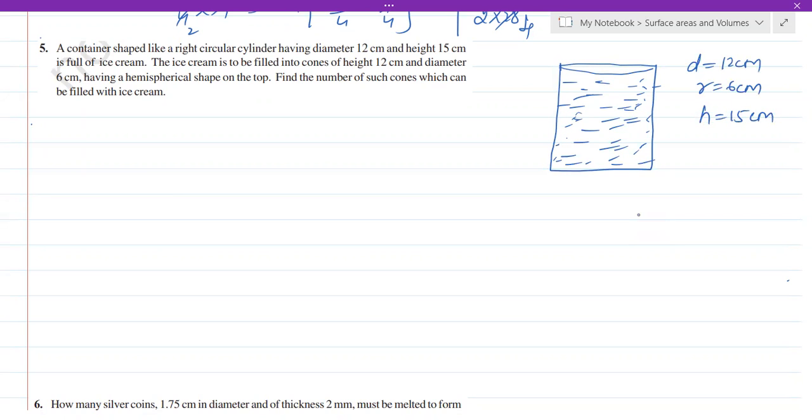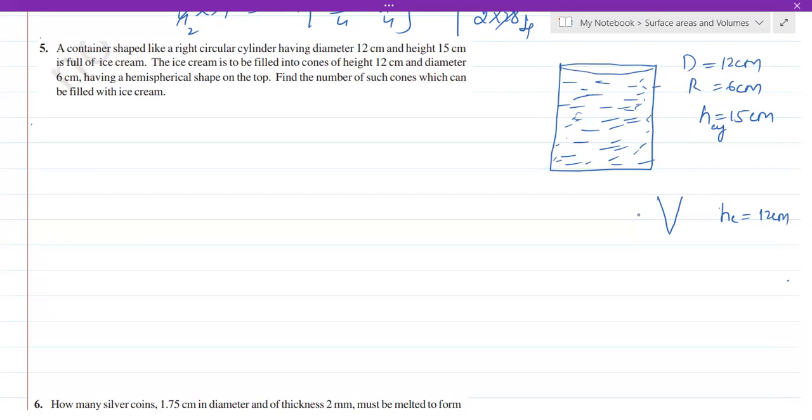Now the ice cream is to be filled into cones of height 12 centimeter. So we have got cones whose height is 12 centimeter. Here let me take it as HC, which is 12 centimeter, and diameter is 6 centimeter. So let me take this as capital D, the bigger one.